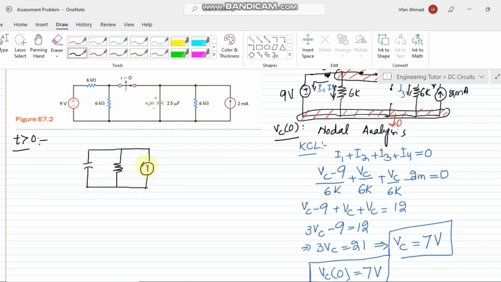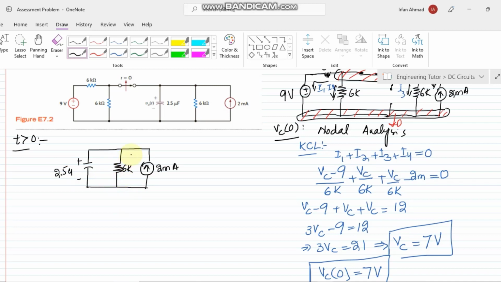This one, that is the 2 milliamps, 6 kilo ohm, and the capacitor of 2.5 microfarad. That is the circuit which I have to analyze now.